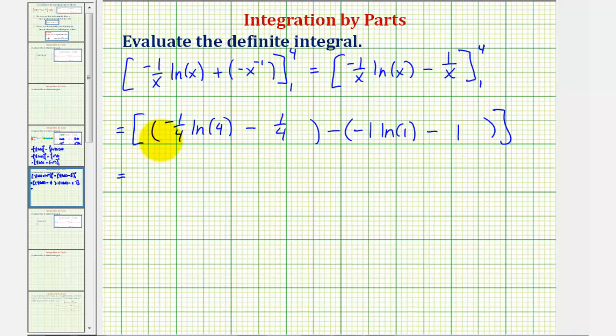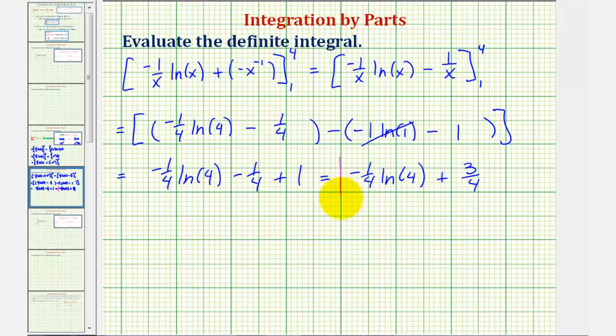Natural log 1 is equal to 0, so this simplifies out. So we just have minus negative 1 or plus 1. So the exact value would be negative 1/4 natural log 4, and then negative 1/4 plus 1 would be plus 3/4.